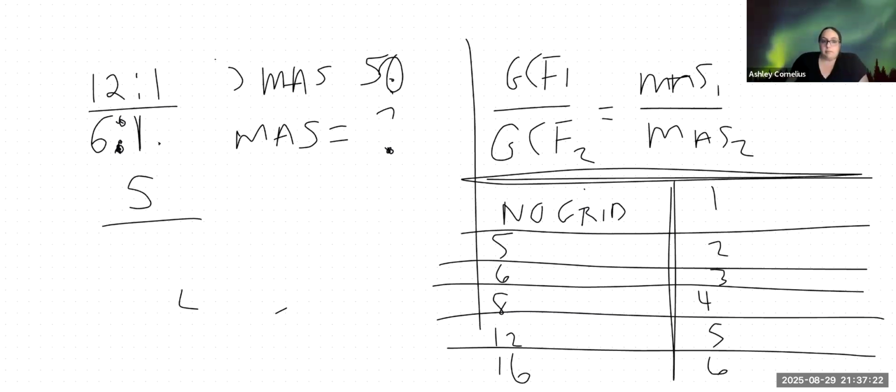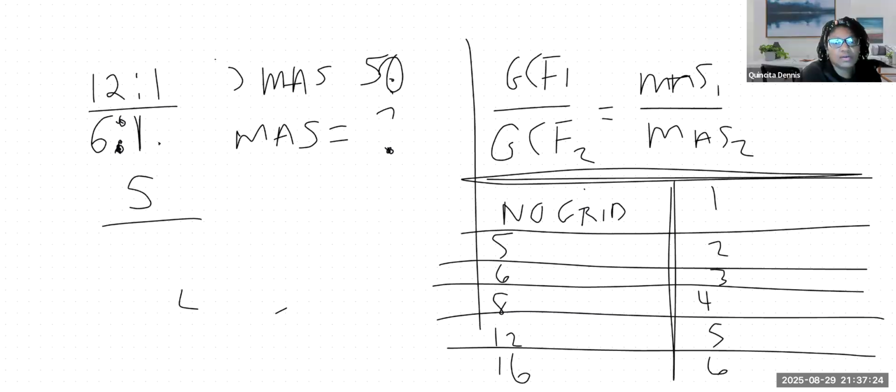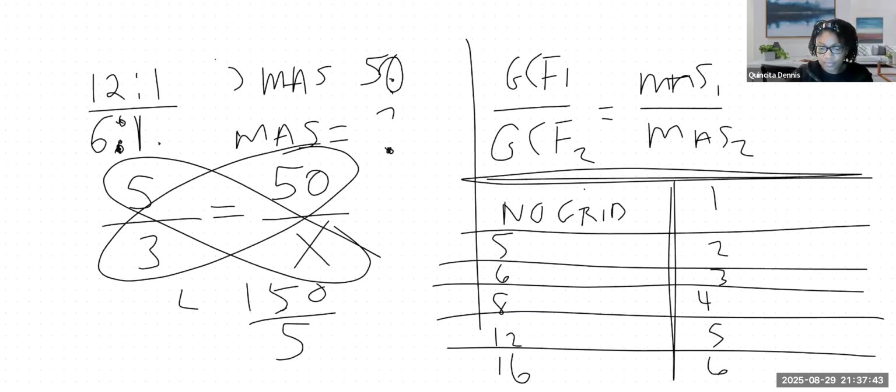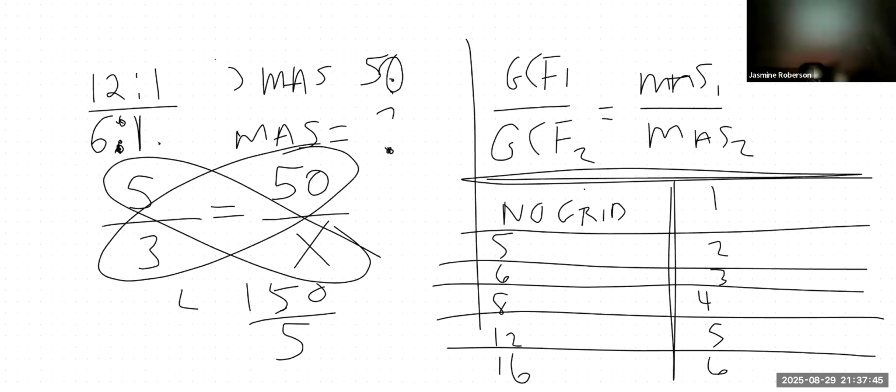Three. All right, and over here I have 50, and I want to know what x is. 5 times 3 is 15, so I think that's 150 divided by 5. Right? Where's my math off?